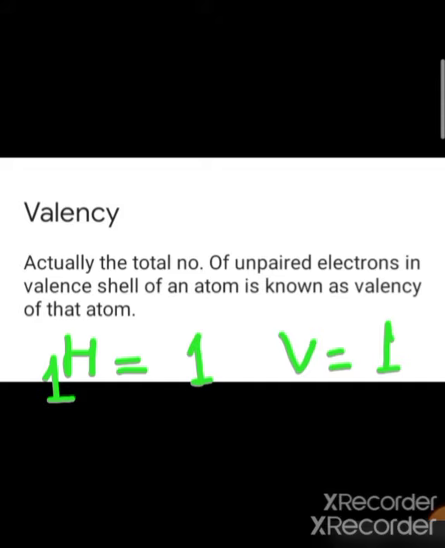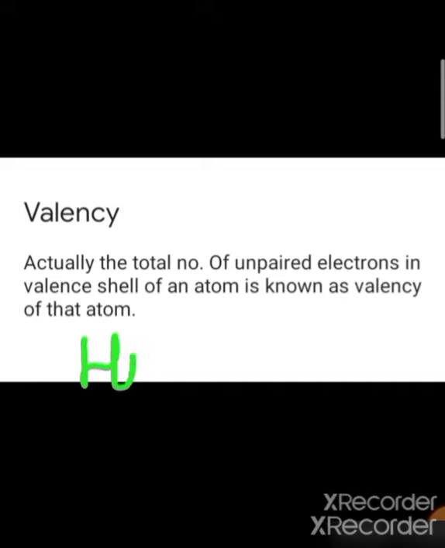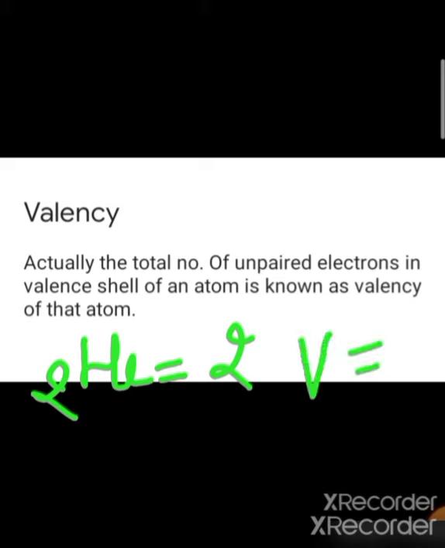Next one is helium. Atomic number is 2. Configuration is 2. In the first shell only 2 electrons are possible, and the valence shell of helium contains 2 electrons. So the valency of helium is 0.